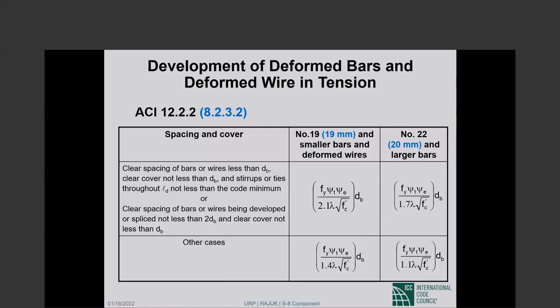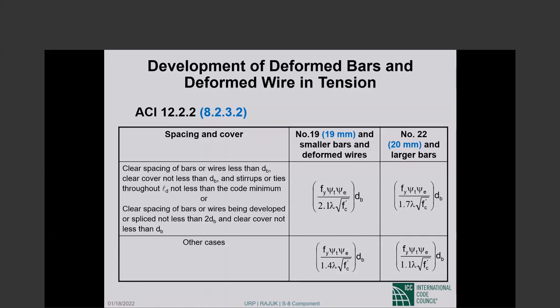So development length is so many bar diameters. How many is a function of the yield strength of the reinforcement, the compressive strength of the concrete, the lightweight concrete factor if there is lightweight concrete involved, and then two parameters: psi sub t for top bar effect and psi sub e for epoxy coating effect.